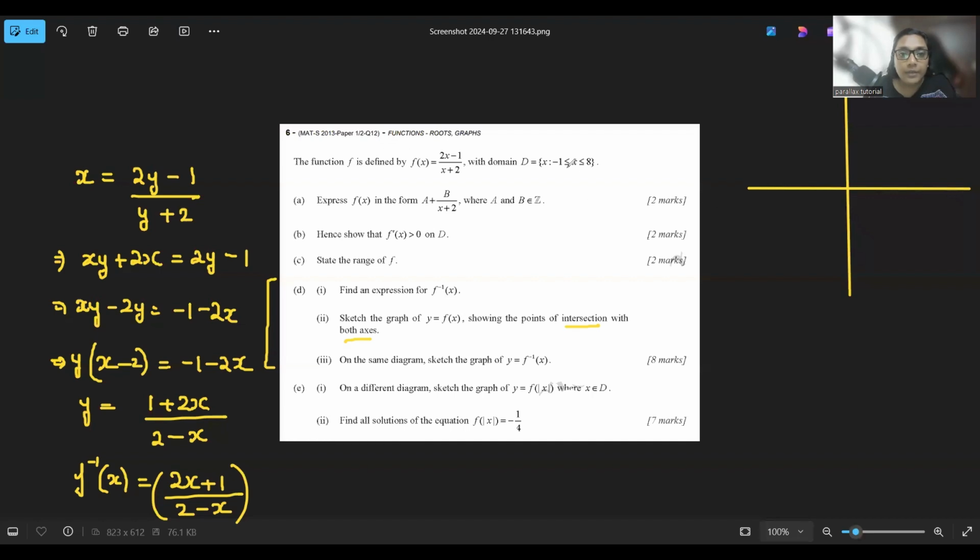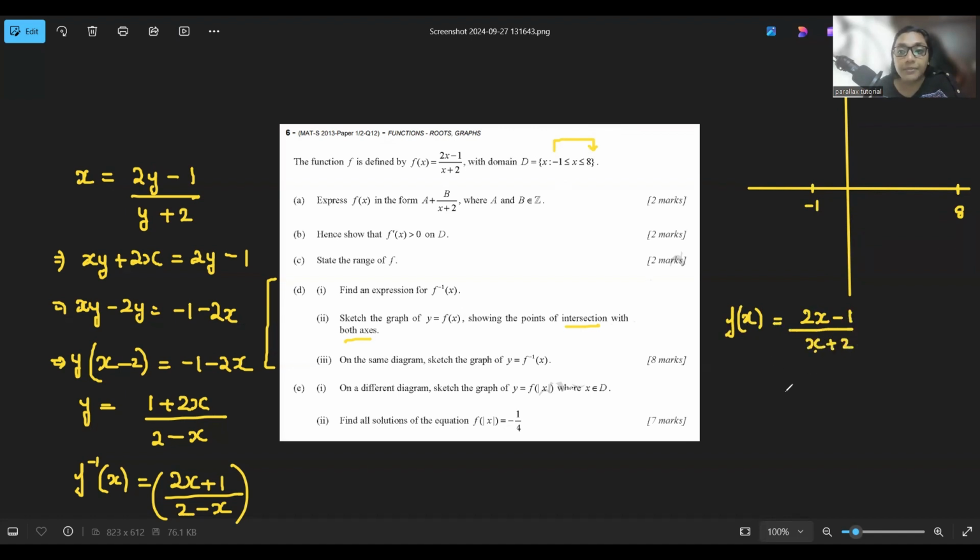If you look at the function, remember there is a domain given to it, which means all the input values you can take will go from minus 1 all the way till plus 8. f of x is 2x minus 1 by x plus 2.